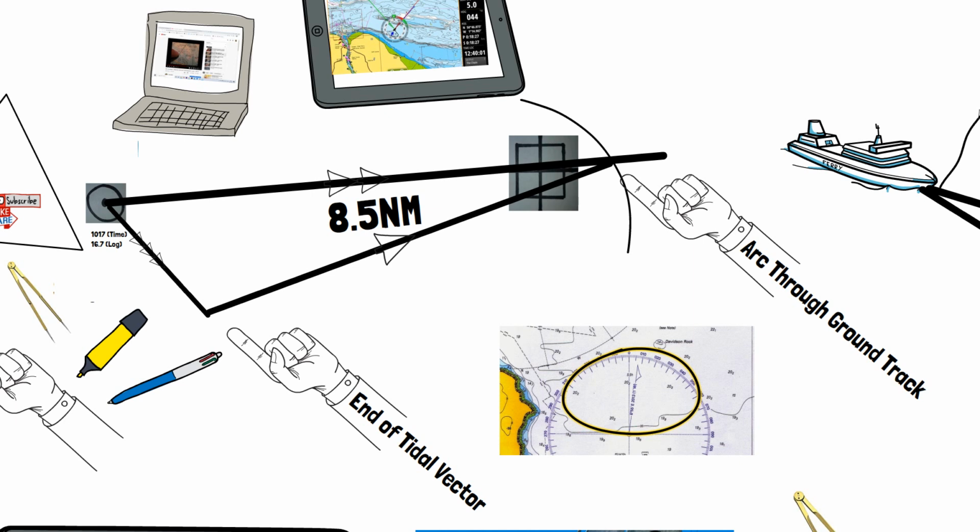Step 4. Plot the tidal stream at the start of the ground track. Step 5. Using your expected boat speed for 1 hour, swing an arc with the dividers from the end of the tidal stream vector across the ground track. Step 6. Joining the end of the tidal vector to the arc. Measure this angle. You may need to allow for variation.